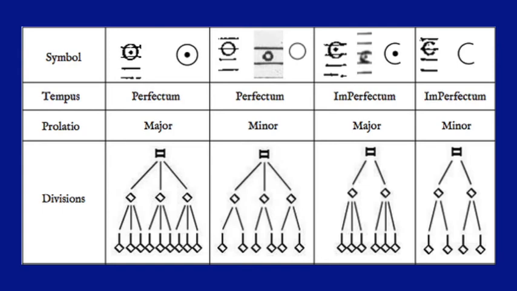So a circle with a dot would be 3 groups of 3, similar to our modern time signature 9/8. A broken circle with no dot would be 2 groups of 2, similar to 2/4. The difference is that there's no indication that this system told you anything about accents as the modern one does.